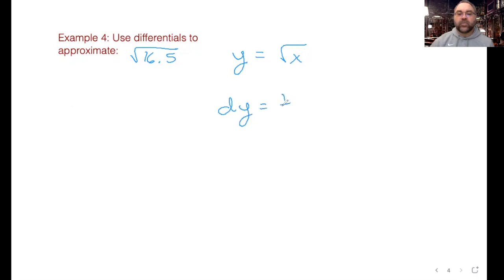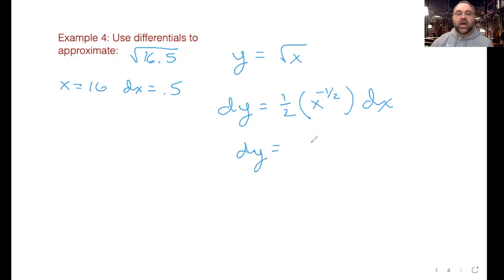Well, we'd bring down the power, subtract 1 from the power. And 16.5, do we know a square root close to 16.5? Yes, we do. What about if x was 16 and dx was 0.5? So what is dy at that point?